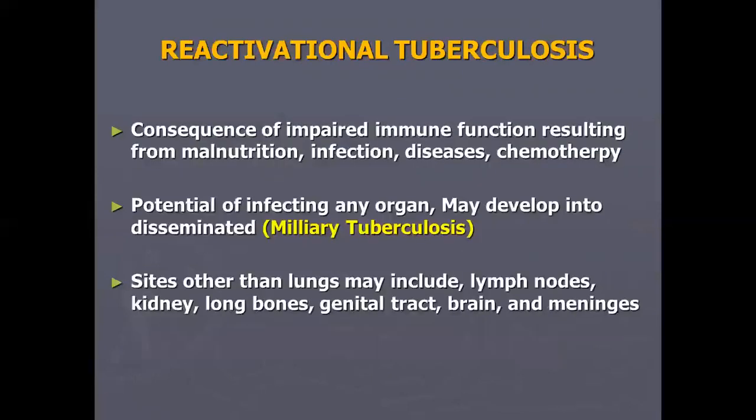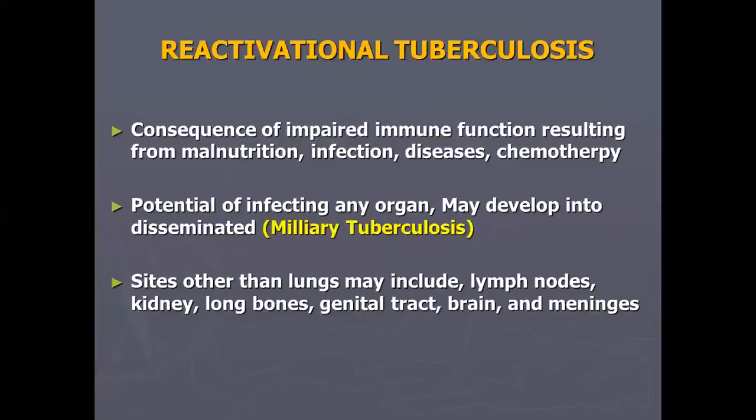Now, reactivation tuberculosis normally arises or reactivates from the latent form as a consequence of impaired immune function, impaired cell-mediated immune responses, resulting from malnutrition, infectious diseases, or chemotherapy. So whenever your body is under stress, you become immunocompromised because of chemotherapy, many other diseases, some infections, or malnutrition, and then the reactivation would take place.